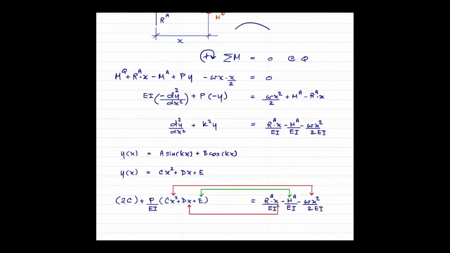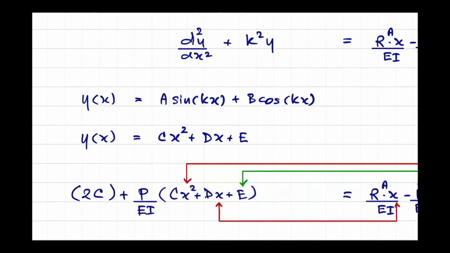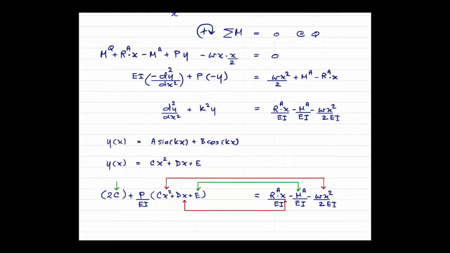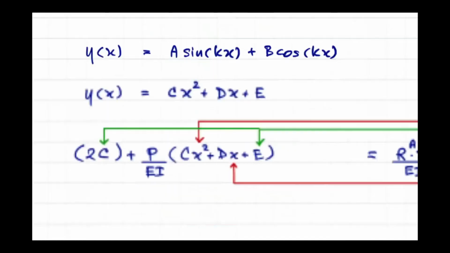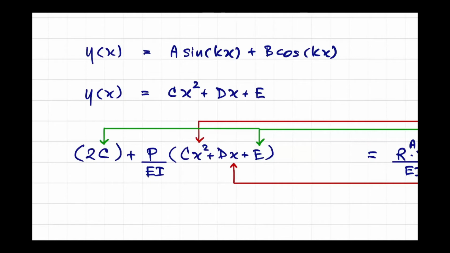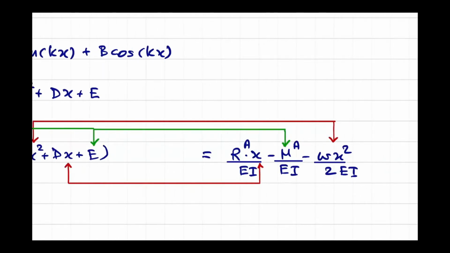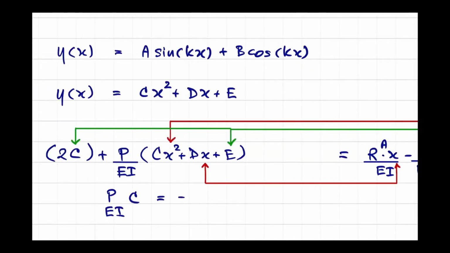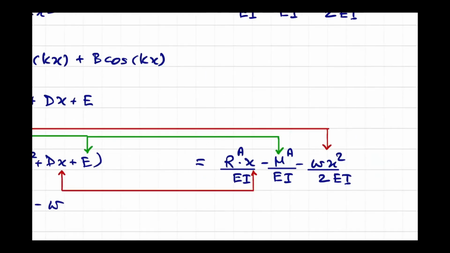So first of all, I think the easiest one is C. P over EI times C is equal to minus W over 2EI.